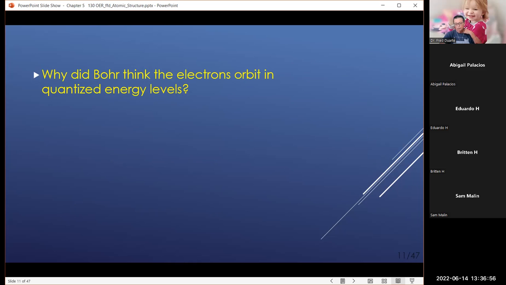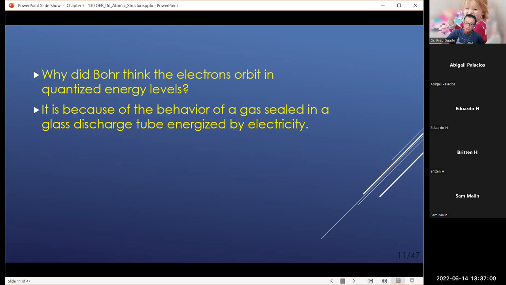So it says, why did Bohr think that the electrons orbit in quantized energy levels, okay? It is because he found out the behavior of gas sealed in a gas discharge tube, which is no more than a fluorescent light bulb. That's all that is. You take a gas, seal it in a tube, and you've got electrodes in there where you're going to run electricity through it.